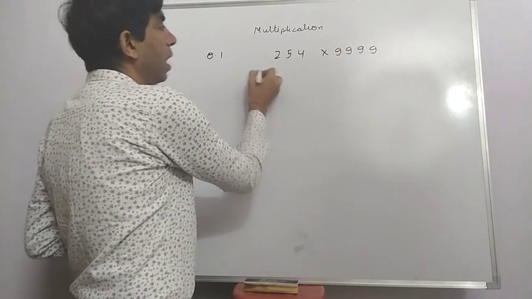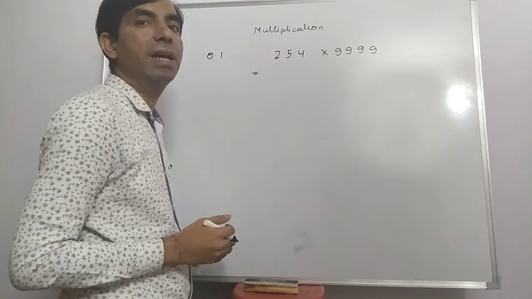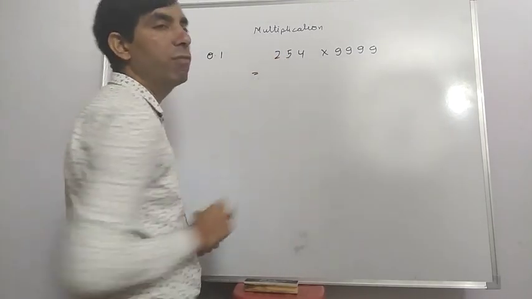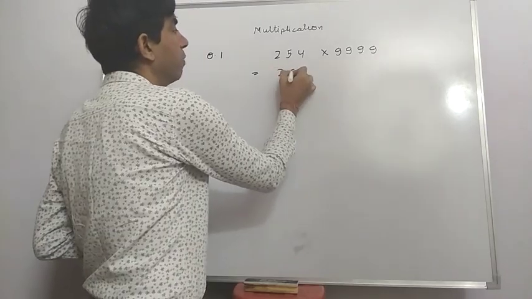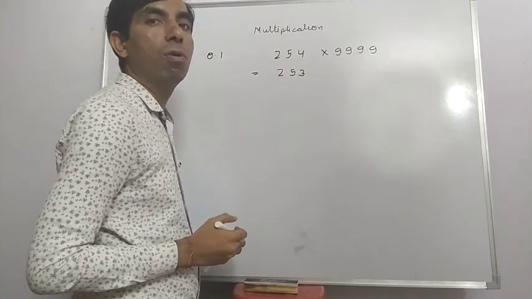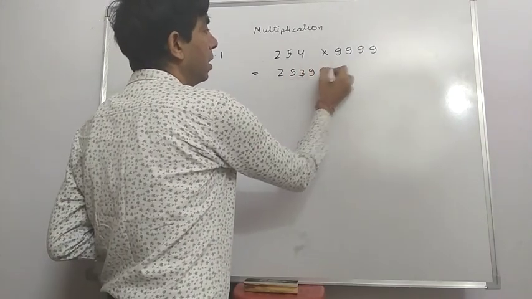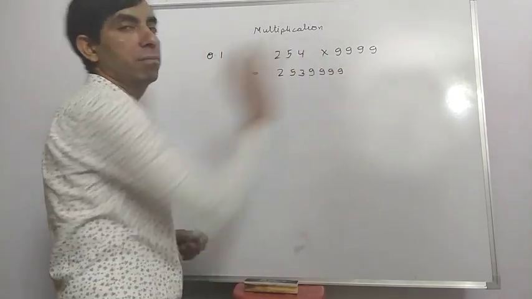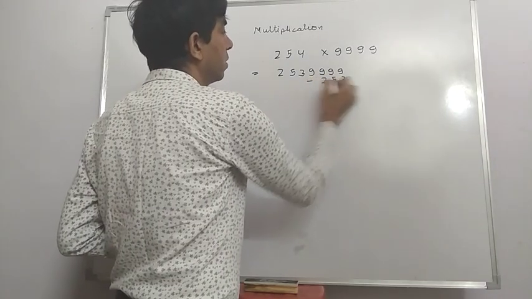Then every time we write the previous number. Last time we multiplied by the next number, but here we write the previous number. Here the number is 254, so we write the previous number of 254, which is 253, and then write the number which is made of only 9 digits as it is, 9999, and subtract the previous number, minus 253.